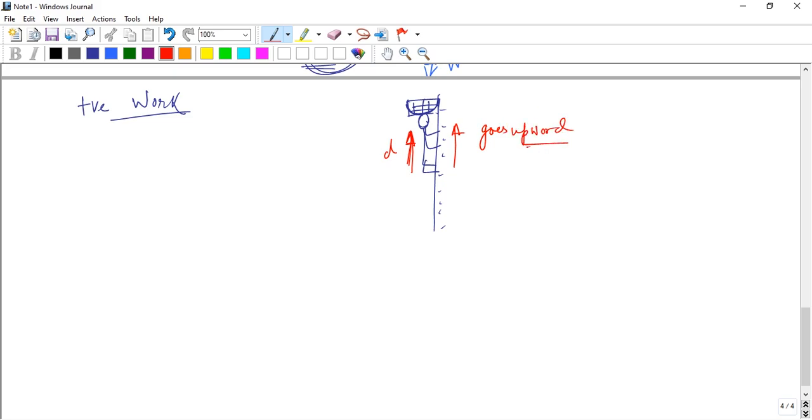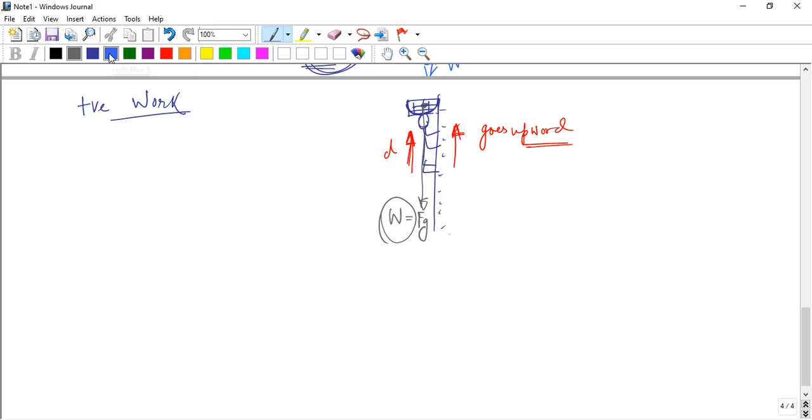The displacement is vertically upward. But the important concept is the weight of the bricks, and that is downward. It is a weight, that is equal to Fg. That is downward.